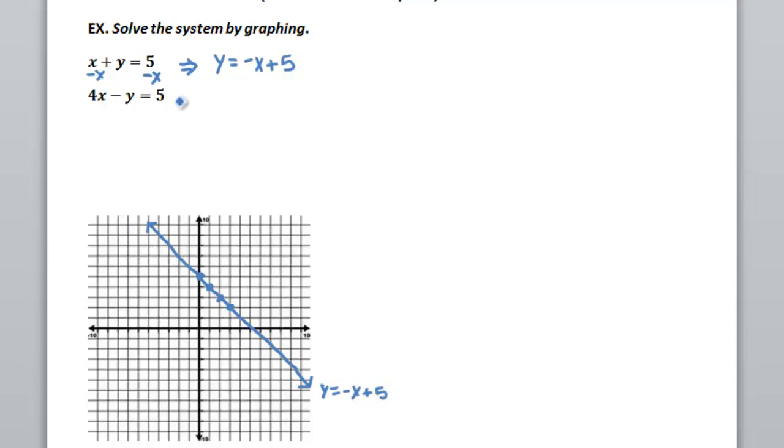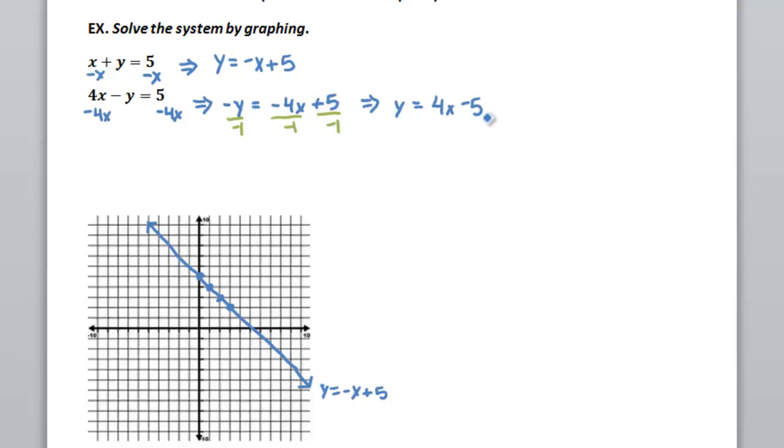To get the second line in slope-intercept form, we'll first subtract 4x from both sides. Now we divide both sides by -1 to get y all by itself. So we have y is equal to 4x minus 5. Don't forget to change all those signs.